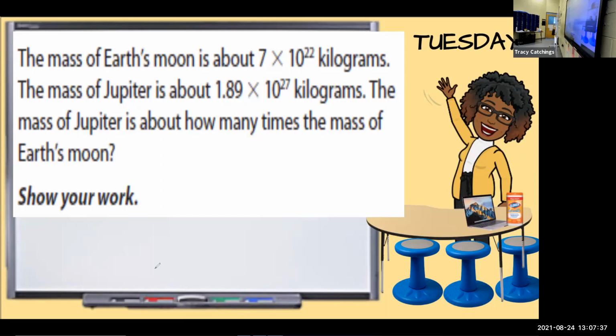All right, it reads, the mass of Earth's moon is about 7 times 10 to the 22nd kilograms. The mass of Jupiter is about 1.89 times 10 to the 27 kilograms. The mass of Jupiter is about how many times the mass of Earth's moon?